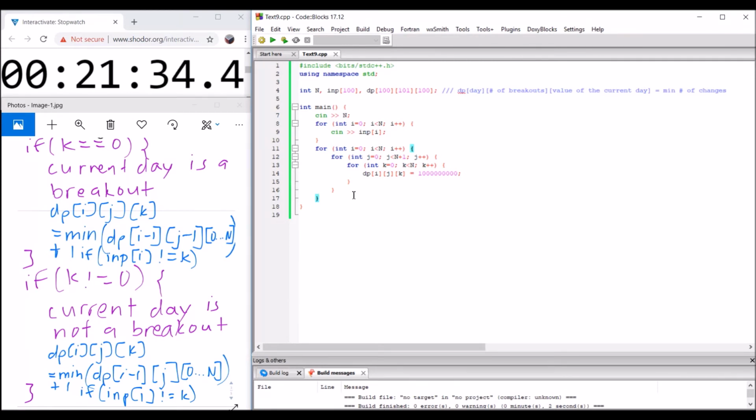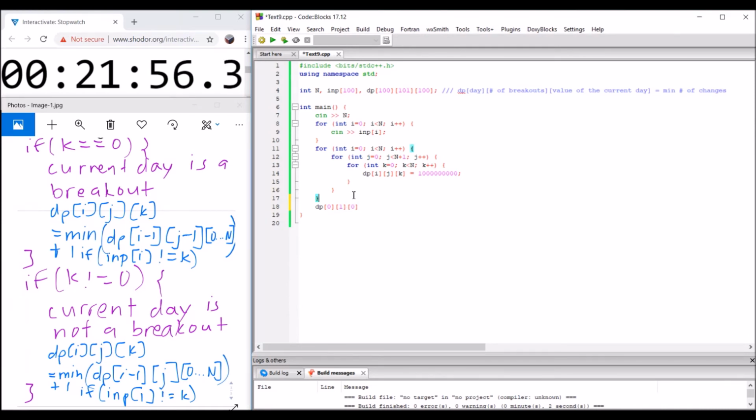Okay, so now we need a starting state. What do we start with? The first day has to be a breakout, which means the first day has to be 0. So this means that DP is day 0, or the first day. Number of breakouts is 1. Value of the current day must be 0.